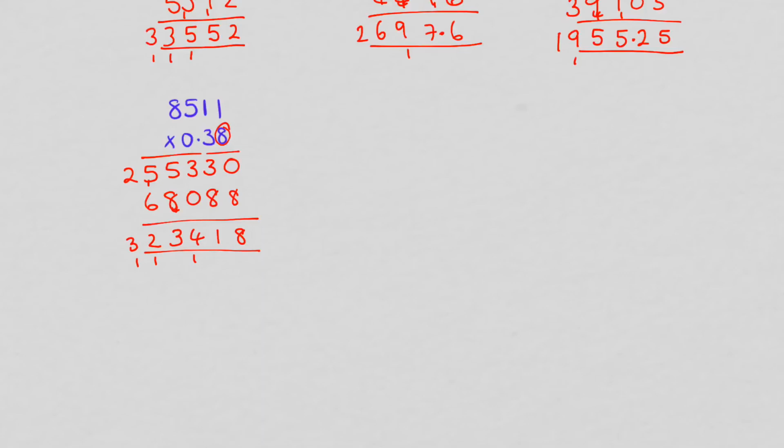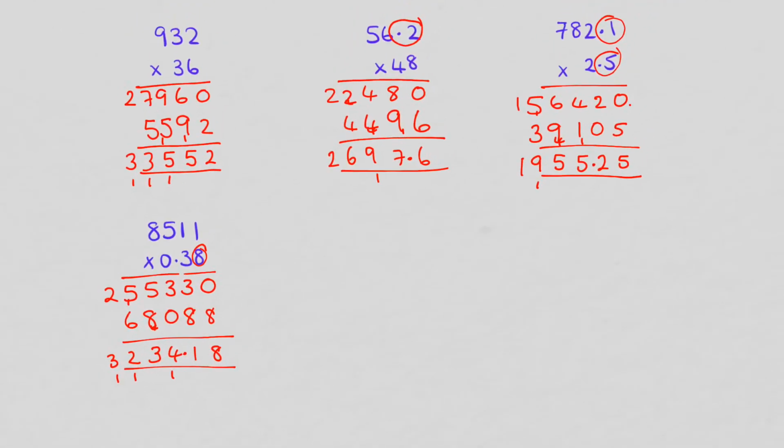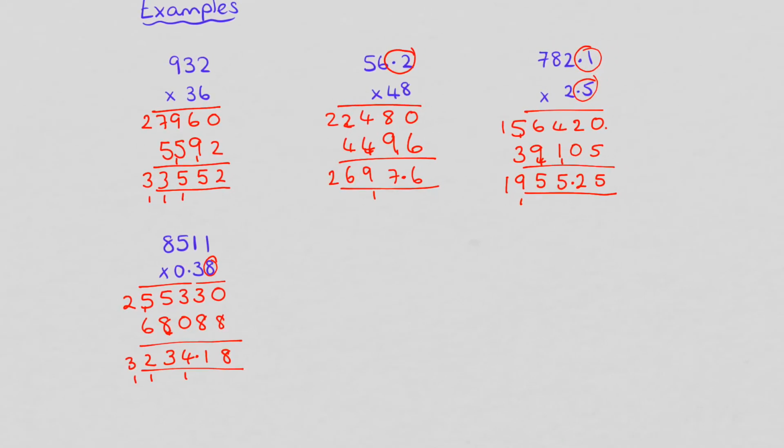And if we have a look in the question, we've got no decimal places here, but we've got 2 here. So we've got a total of 2 decimal places in the question, so we need 2 decimal places in the answer. Okay, so that's practice at using long multiplication for 2-digit numbers.